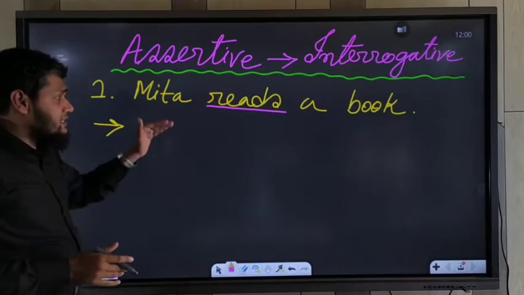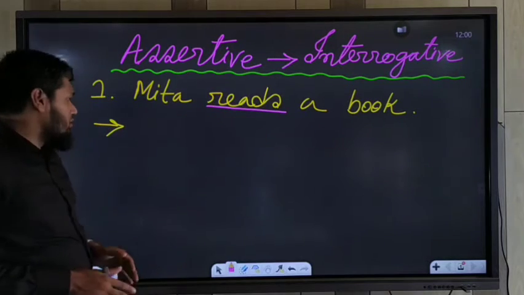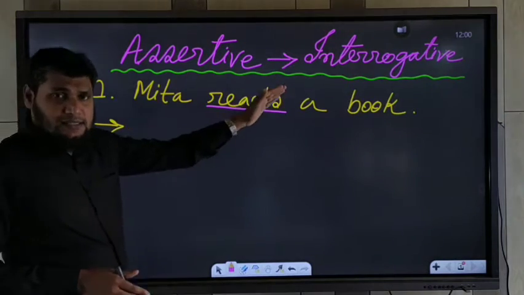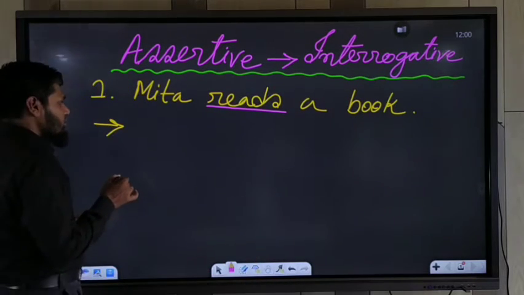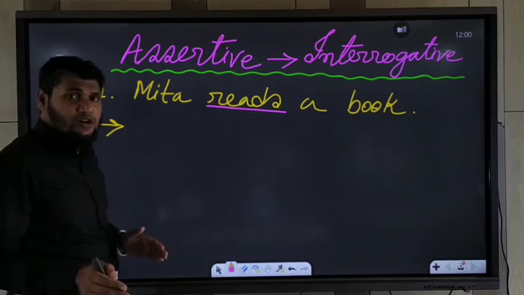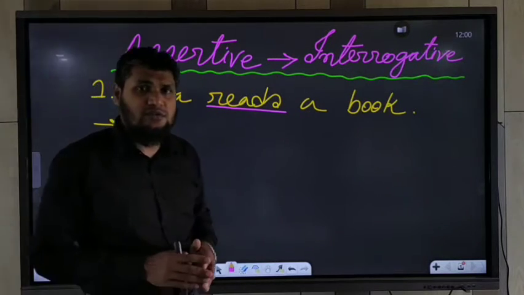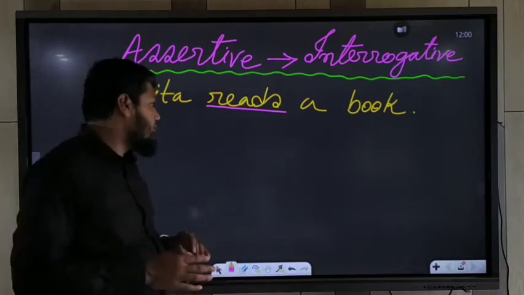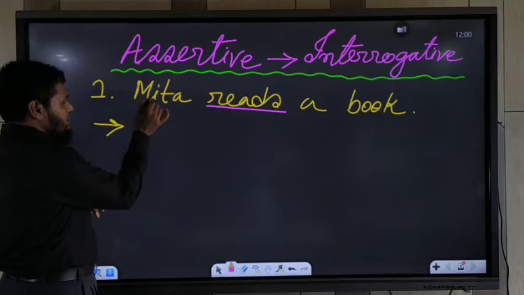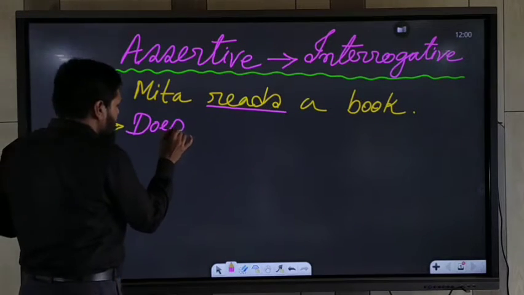If you want to change the sentence into interrogative form, at first you should use an auxiliary verb. Which auxiliary verb is used in present indefinite tense? Do and does. For a third person singular subject, you should use does.